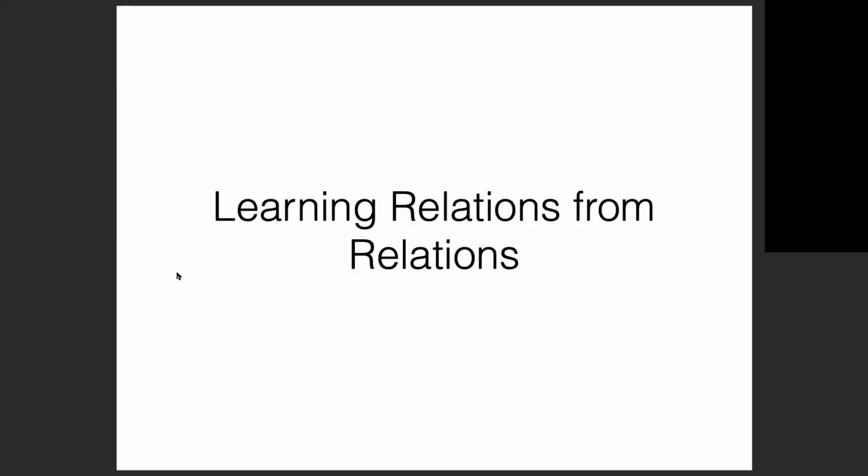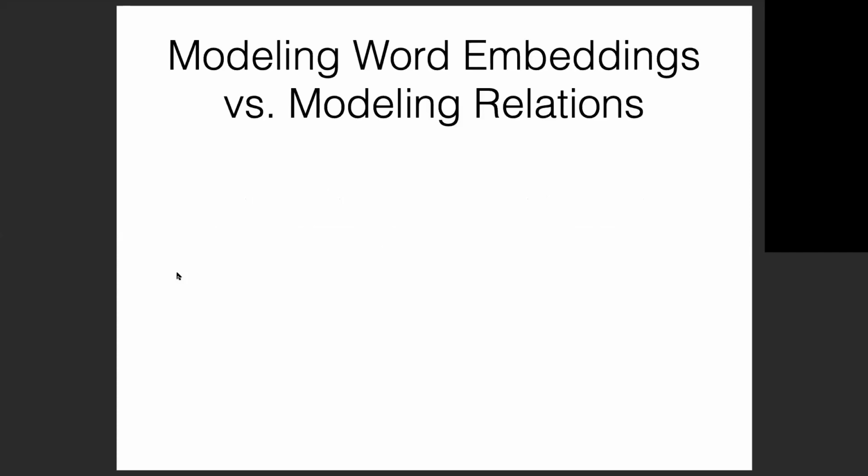So another interesting method for learning about relations is to learn relations from relations. The basic idea is that if particular relations hold, it's very likely that other relations hold.